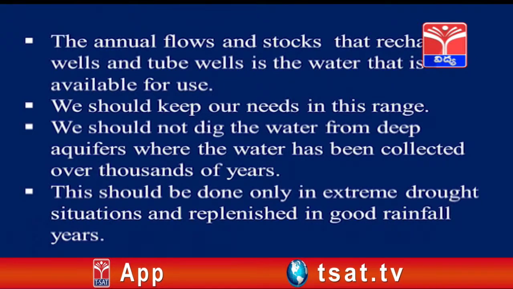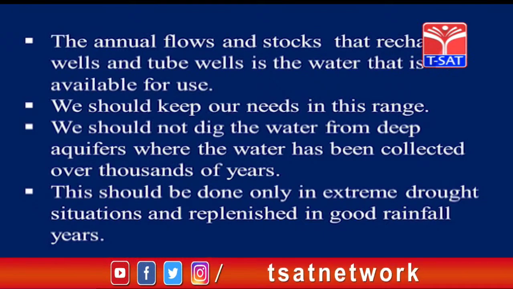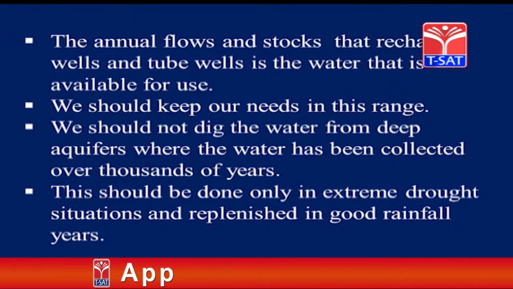We should not use more than that. We should keep our needs in this range. We should not dig the water from deep aquifers where the water has been collected over thousands of years. This should be done only in extreme drought situations and replenished in good rainfall years.